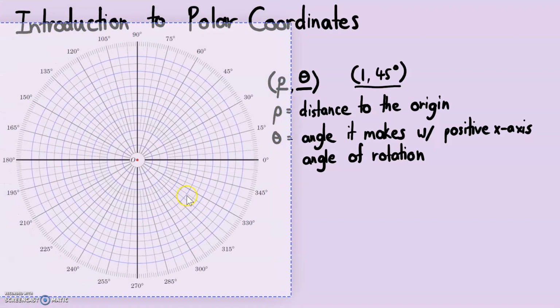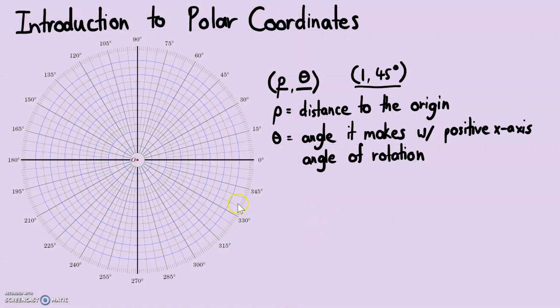This is what polar coordinate graph paper would look like. In the middle here, we have something that's much like the origin. You call that the pole. You can think of that as the origin. And you can see that there are bunches of concentric circles, and the center of all of these circles is that origin right there.